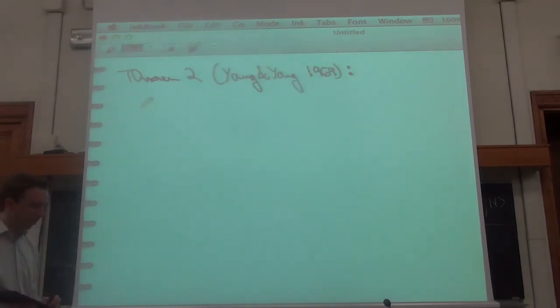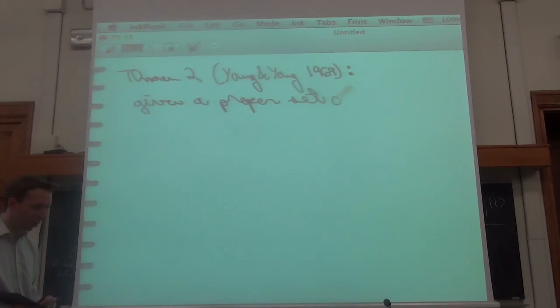So, given a proper set of quantum numbers, okay, by proper here I mean you choose the right parity for it. Is it half integer or integer, depending on how many particles you have, and they are non-coincident. Okay? In fact, choosing them on the wrong lattice is not crucial. You would still have the same theorem, but it's very important that they are not coincident.